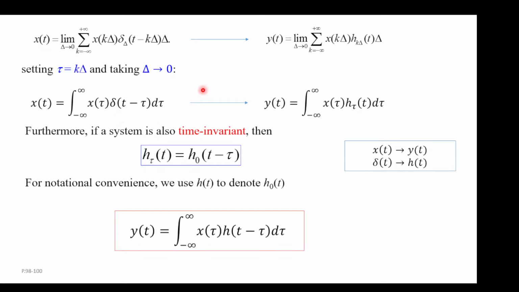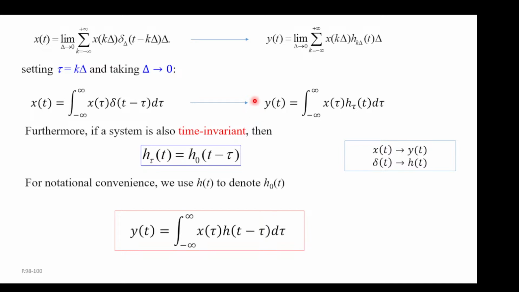Okay, and then we see the other part. For the other part we have this y of t with a similar expression, and we take those limits. Everything is basically similar except we have h sub k triangle here, and that just becomes h sub tau here. So h sub tau of t is some function depending on tau, with the variable t same as this t.